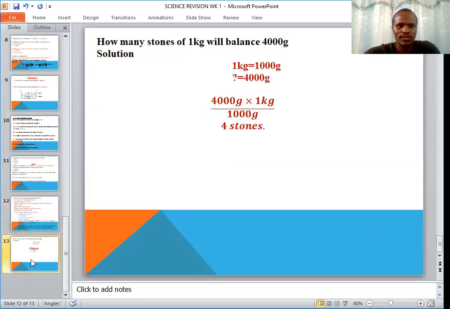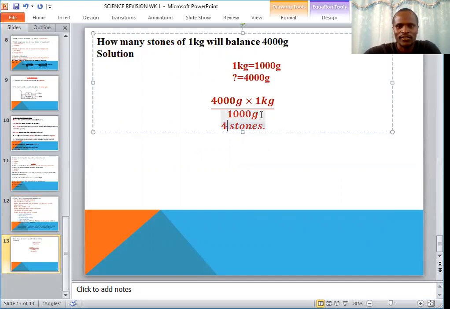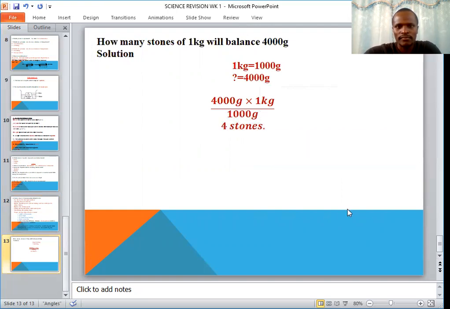Finally, and that was the last question, how many stones of 1 kilogram will balance 4,000 grams? This one was just like mathematics, and I expected people to get this, but not all of us got it. But this is what you're supposed to do. You're supposed to first give the relationship between kilograms and grams. You say that 1 kilogram is equivalent to 1,000 grams.